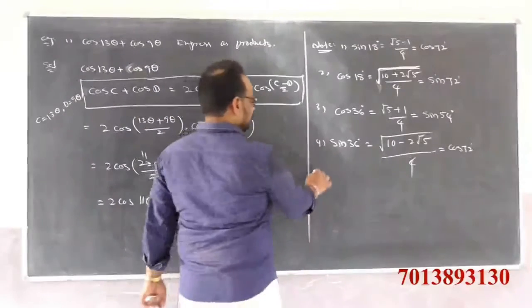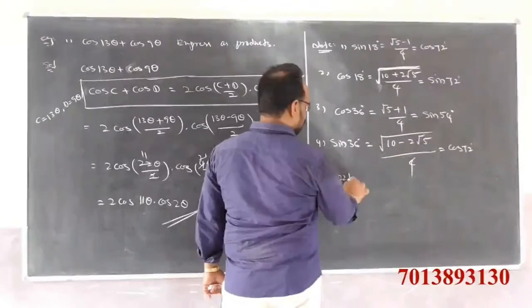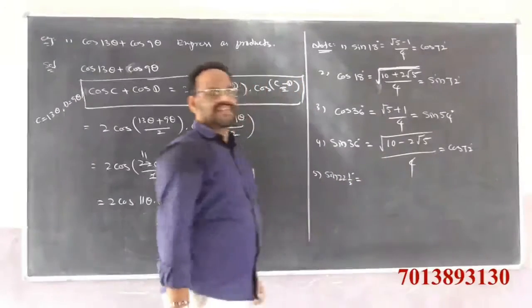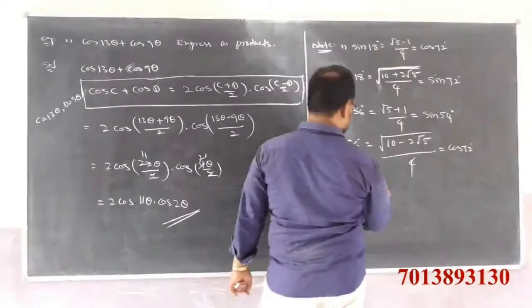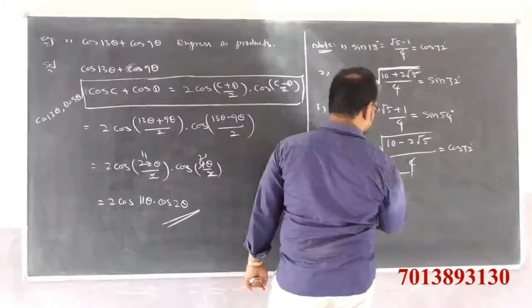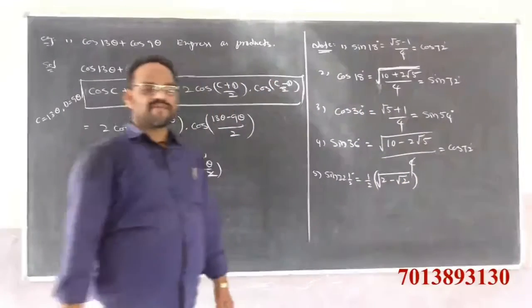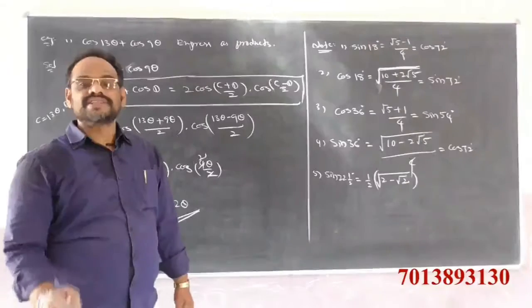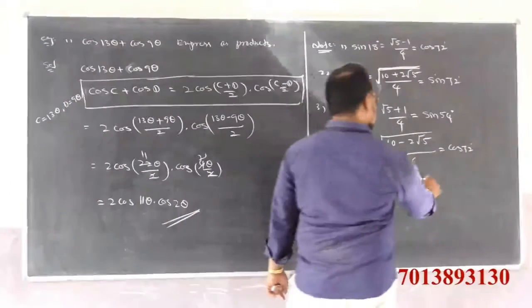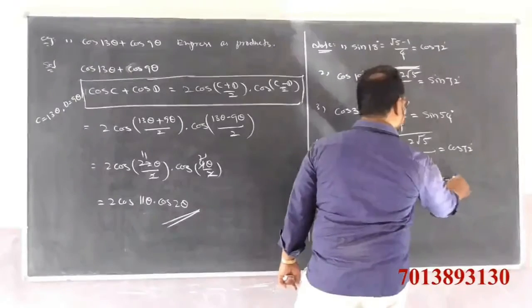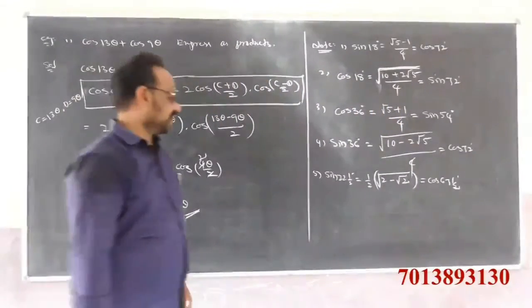Next, fifth one, sin 22 and a half degrees is equal to 1 by 2 into square root of 2 minus root 2, which is the same as cos 67 and a half degrees.